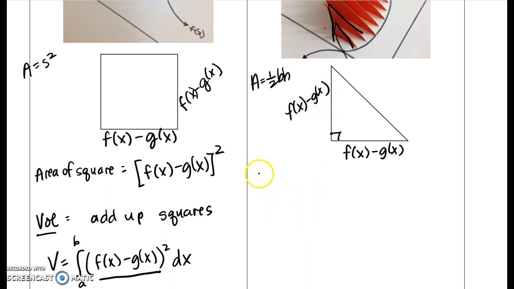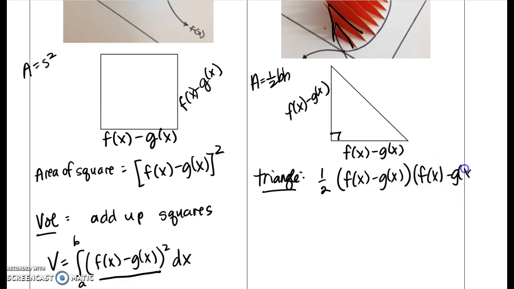So the area of the triangle will just be 1/2 base times height. So f of x minus g of x times f of x minus g of x, which gives us 1/2 the quantity f of x minus g of x squared.